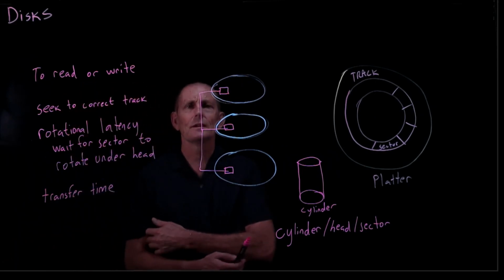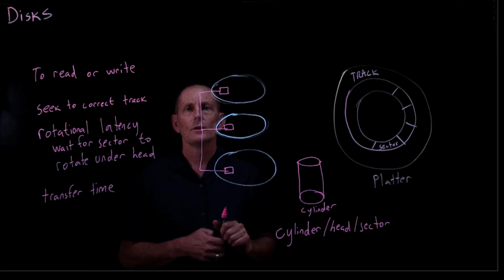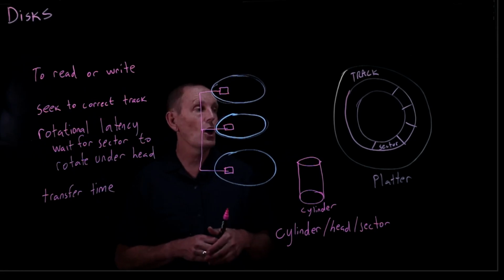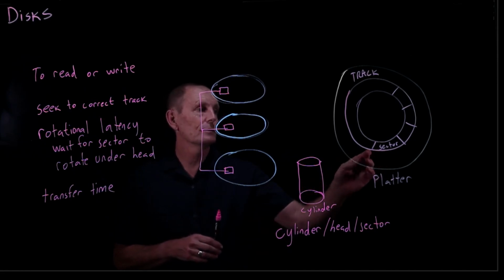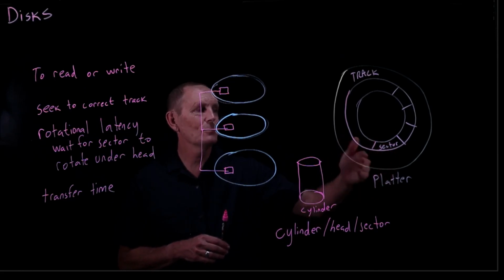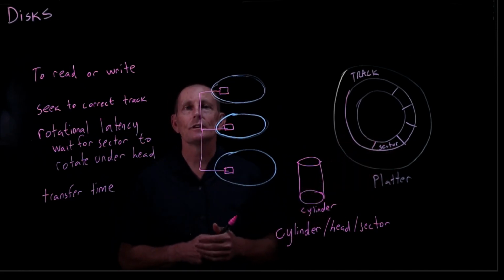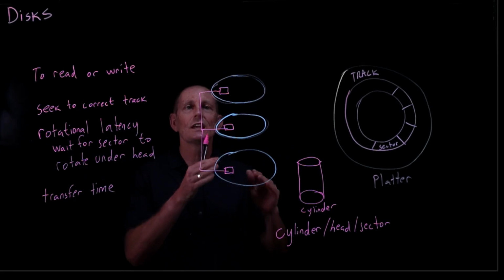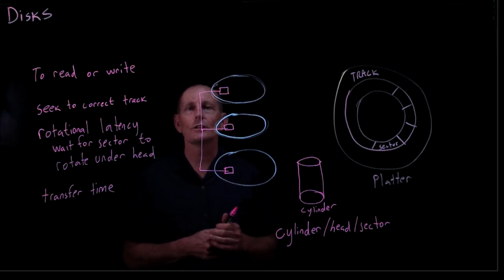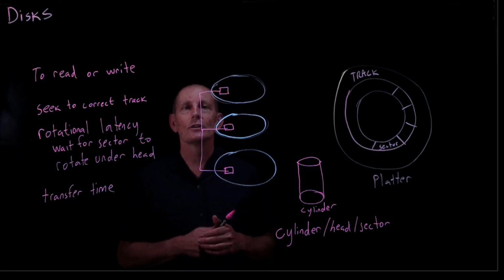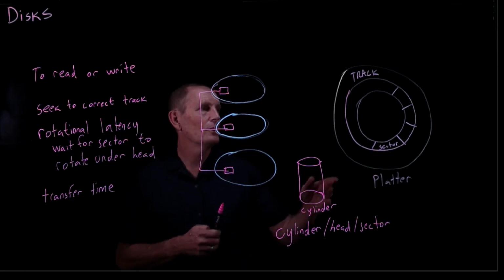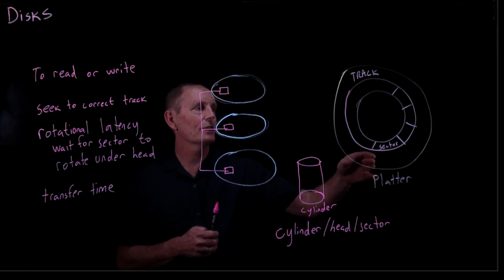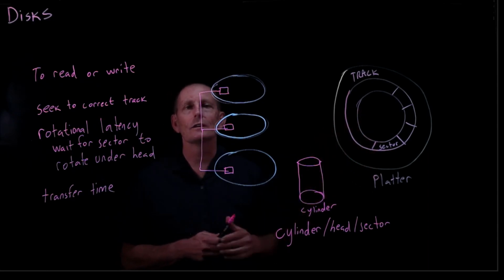What is this transfer time dependent on? Well, it's dependent on, for example, how long the sector is. That is, how much of an angle it subtends, because that will tell us what fraction of a rotation we need. So it may be quicker to read from an outer sector on an outer track than an inner one.